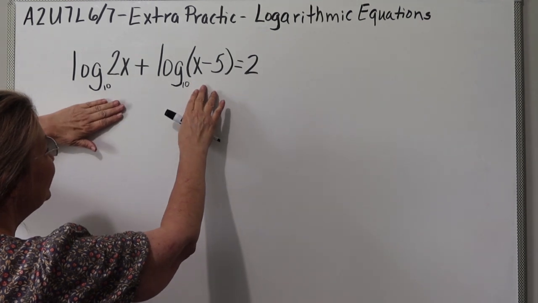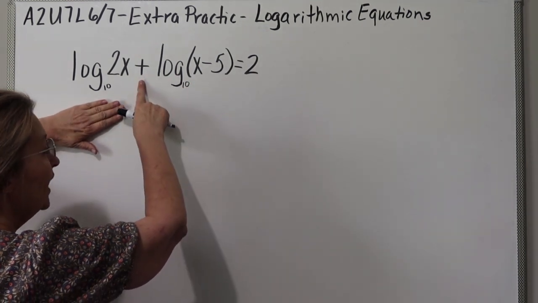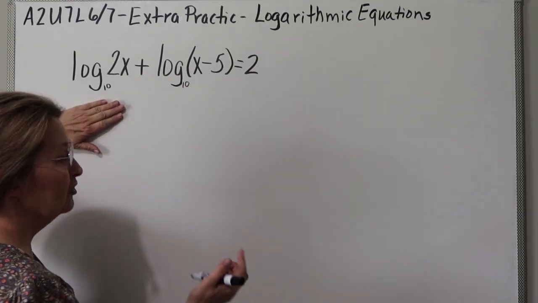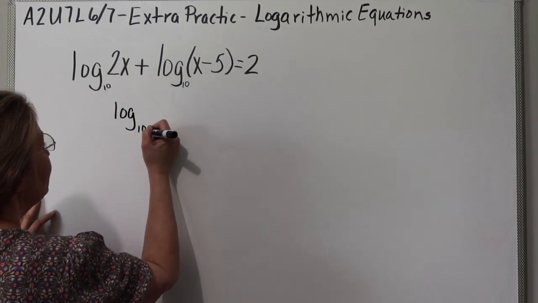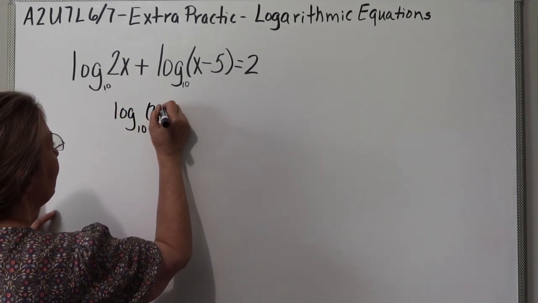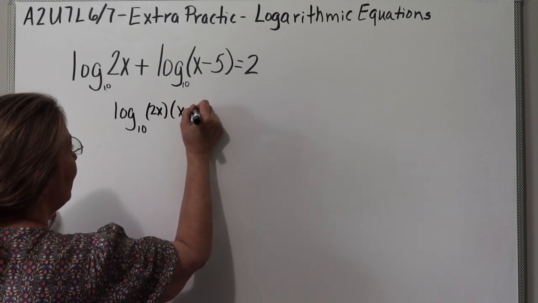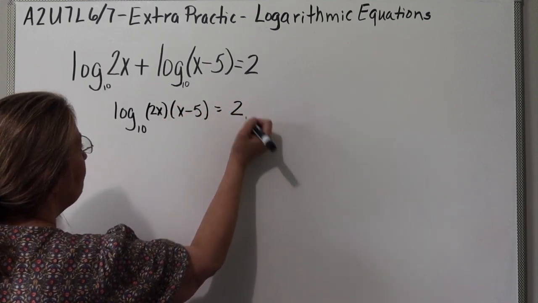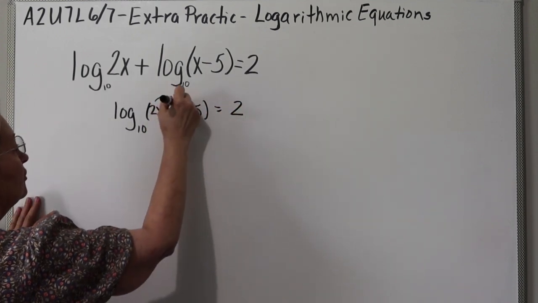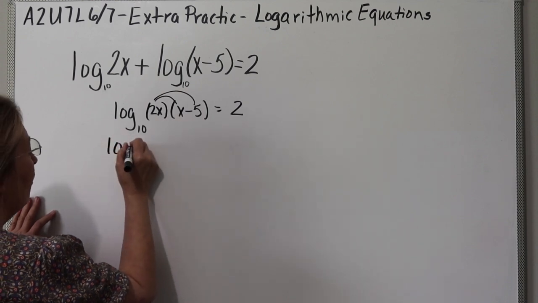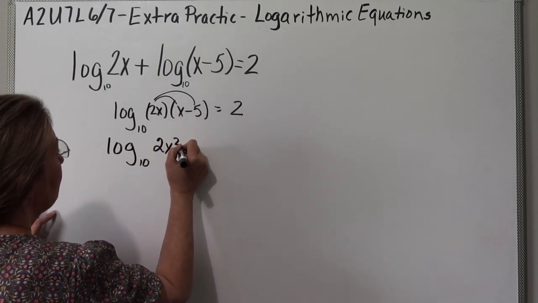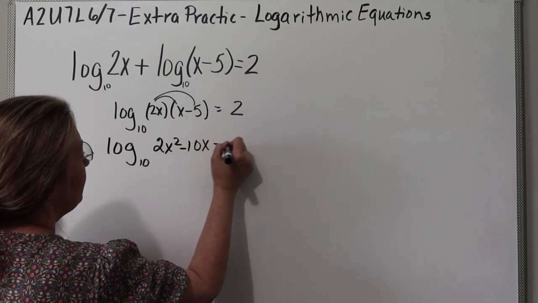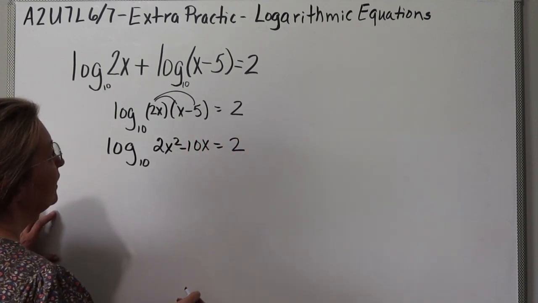First, I need to condense this side. Since they're added, I'm going to use my product property and condense these into log base 10 of 2x times x minus 5 equals 2. Now when I distribute this, I've got log base 10 of 2x squared minus 10x equals 2.